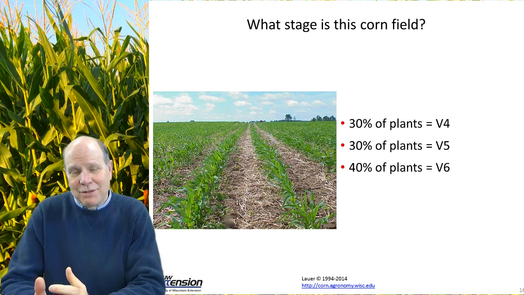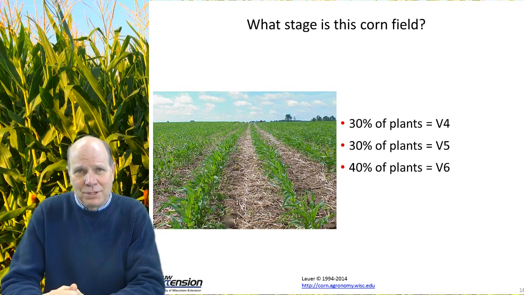Now what about staging a field? Because not every plant in that field is going to be at the same stage. So here we've got a field that had about 30% of the plants at V4, 30% of the plants at V5, and 40% of the plants at V6. What would be the stage of this field? Okay, basically you would stage the field for whatever stage that those plants are at with 50% or more.